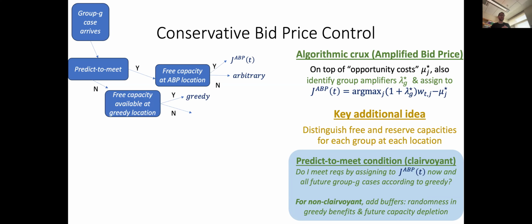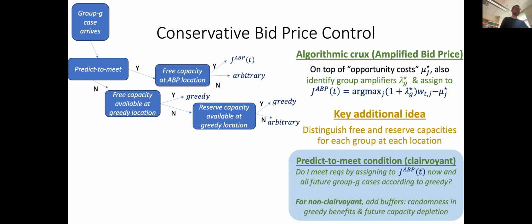If this condition is not satisfied, then we would like to assign the current case greedily in order to get closer to the point where we believe that this group might still meet its minimum requirement. So the way to think about this is that we are complementing our amplified bid price control through greedy steps that will only be used if we are at a serious risk to not meet the minimum requirements for the group.